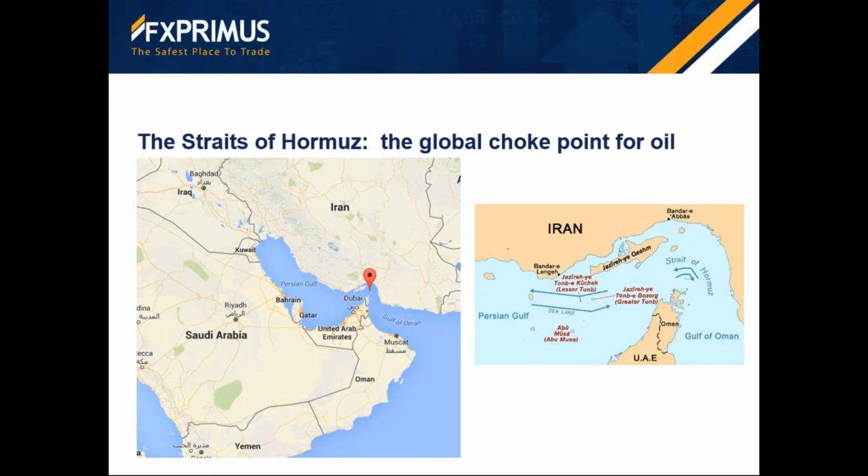Now the point is, it's not necessary for events to cause any disruption to the supply of oil. It's just enough for there to be a threat that they might cause a disruption, and that's enough to send the price higher. Oil refiners will rush to buy oil and put it in storage so they'll have enough supplies even if oil becomes unavailable. Other refiners will hedge their risk by buying oil futures.